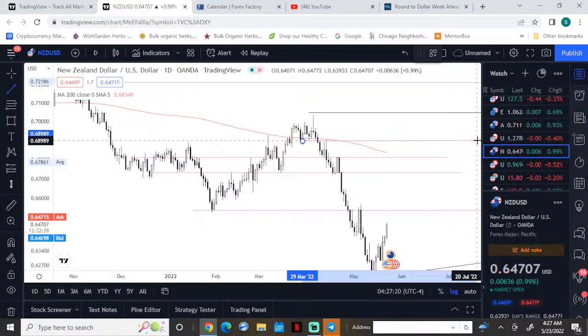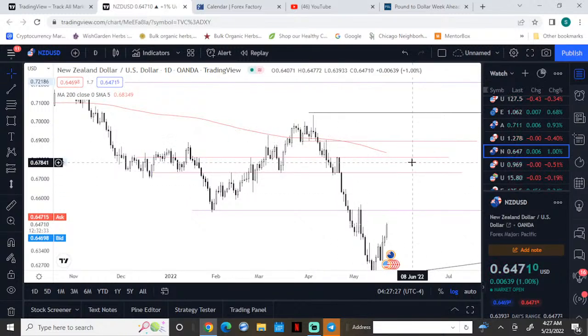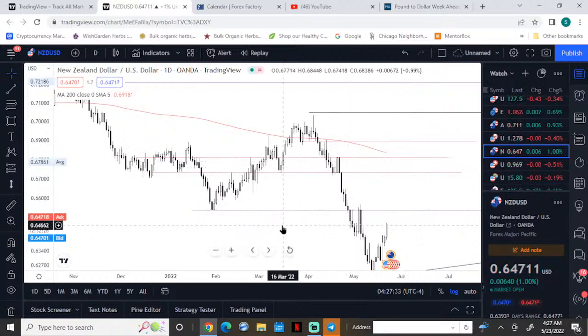I'd rather have an area marked and price just trades through it versus not having it marked. And then we get to the section and price is playing around and I'm like, what's going on? And then I go back and look and it's like, oh, because I didn't mark it. So I'd rather have it marked.